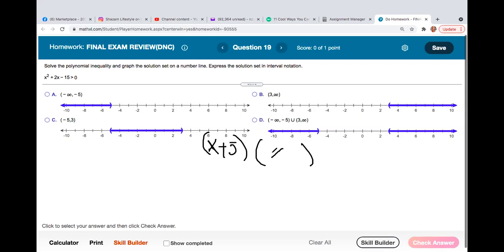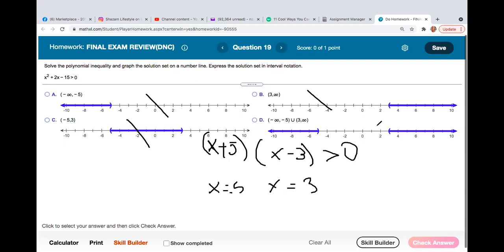I am factoring the polynomial so I can find the boundary values, and the boundary values of this one are going to be x equals 3, x equals negative 5. By the way, remember, I've already eliminated this choice and this choice. This one doesn't have the negative 5 boundary value. Get rid of that one. So the answer is actually D.